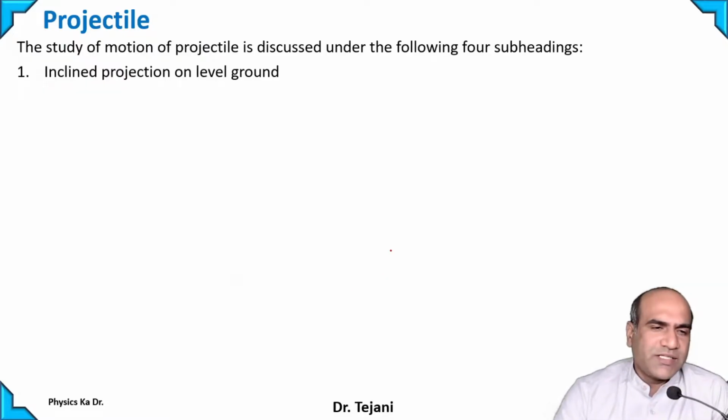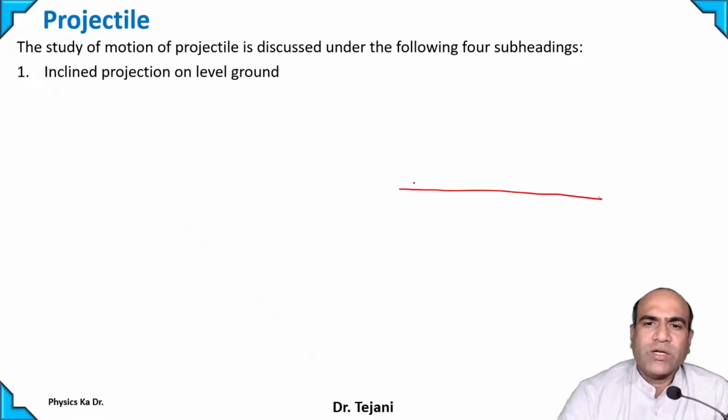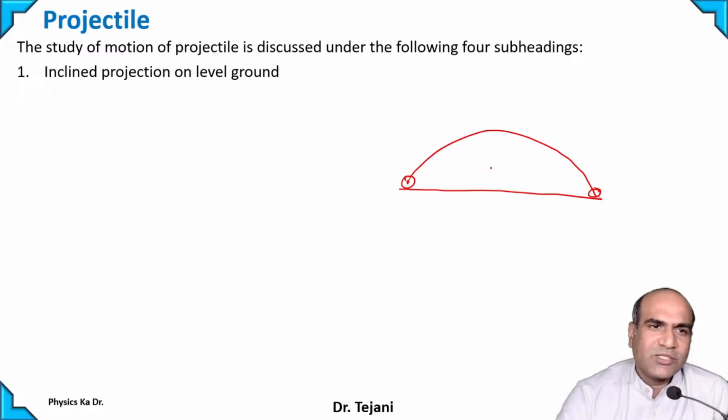So we already studied the first one, inclined projection on level ground. The object is thrown from the horizontal, maybe the ground, and it reaches the ground at some different distance. We did this in part number 1.